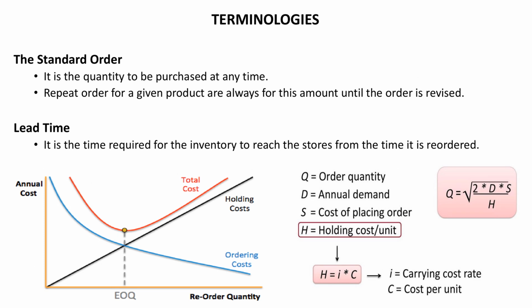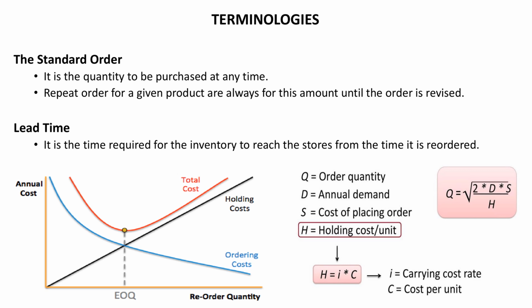It is the quantity to be purchased at any given point of time. Repeat orders for a given product are always for this amount until the order is revised. Lead time. It is the time required for the inventory to reach the stores from the time it is ordered.